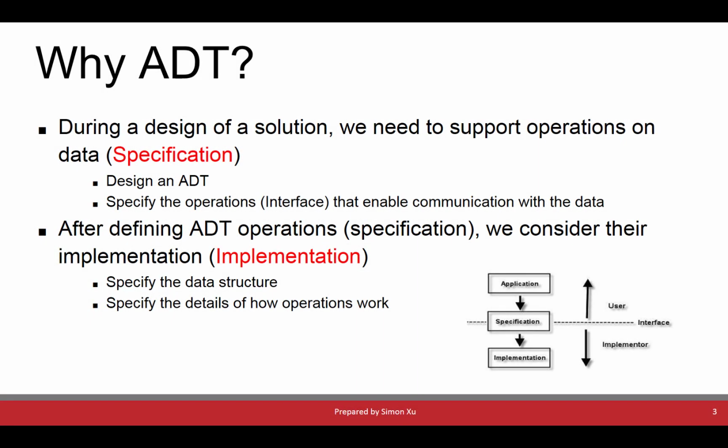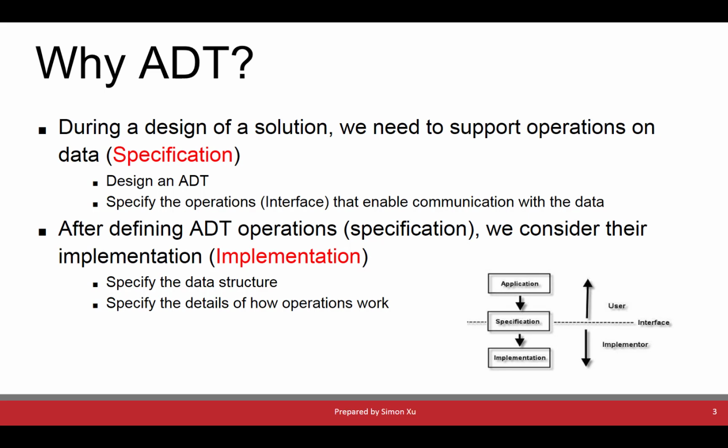Now we know what abstract data type is, and since this course is all about building abstract data types, now let's talk about how to create an abstract data type. It's divided into two steps.